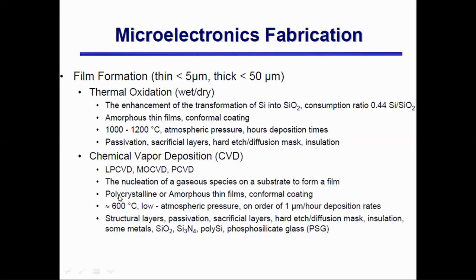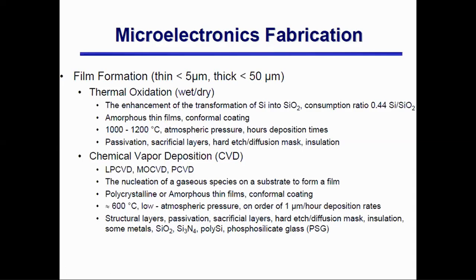In that way, we could make polycrystalline or amorphous thin films with conformal coating. The process would take place at 600 degrees centigrade, lower than atmospheric pressure, with a deposition rate on the order of 1 micrometer per hour. So in 1 hour, a 1 micrometer thin layer would be made.